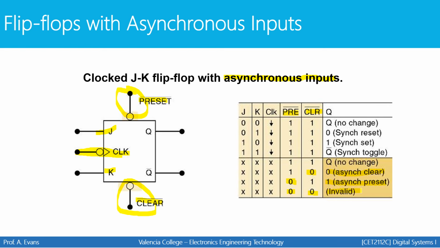That's why that's labeled as invalid. If these inputs are high, the flip-flop will work as normal, like a normal JK flip-flop. But it's when either one of these goes low that you will then see the flip-flop will be forced to be high or be low, and it'll stay that way as long as either one of these is low.